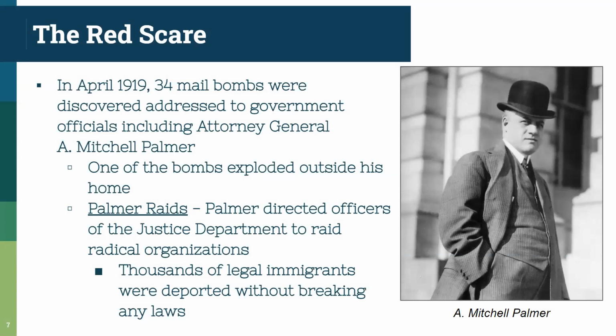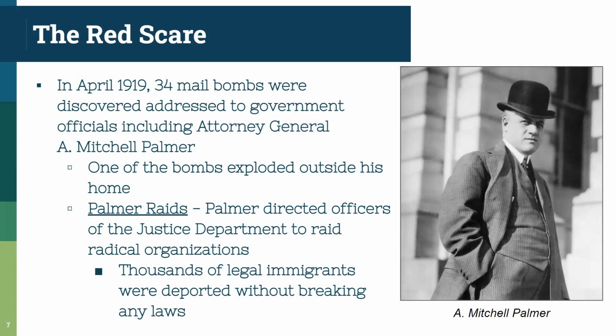And the Red Scare would culminate in 1919 with a terrorist attack. You see 34 bombs were sent in the mail addressed to different government officials, including the Attorney General of the United States, A. Mitchell Palmer.